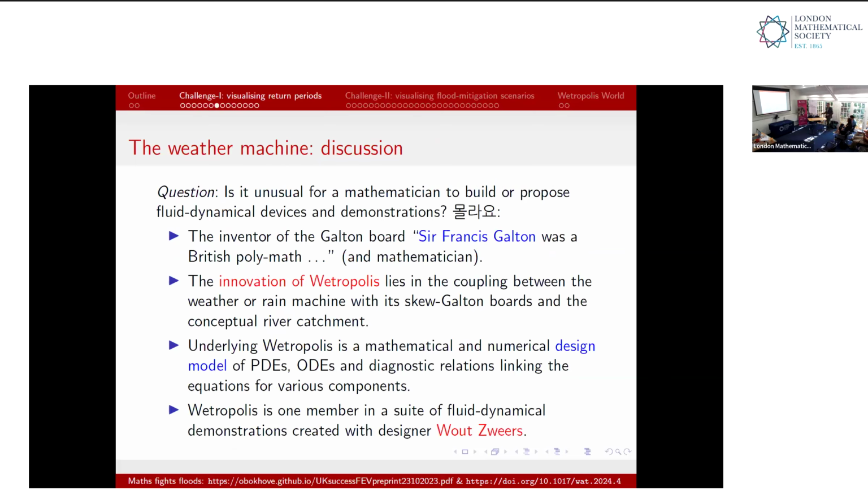But that was easily fixed, after I got a lot of laughter from the designer that the mathematician had made a mistake. Oh well, it was easy to fix. I'm not highlighting this because it's a page full of equations. None of them are particularly complicated, but piecing them together, you need to do a bit of thinking. For me, that's what I usually do, so that was the easy part, and in some sense it's not the innovative part. The innovative part is the combination with the rain machine.